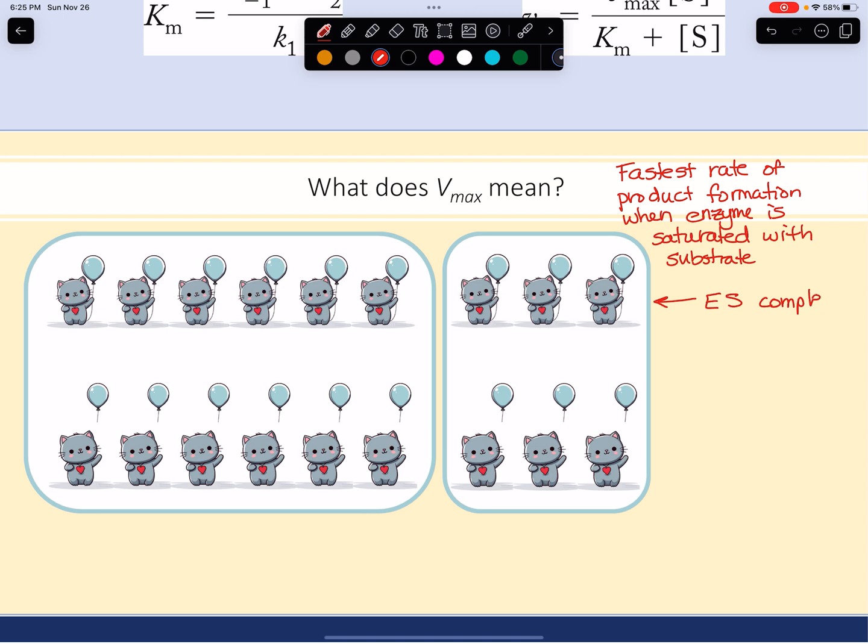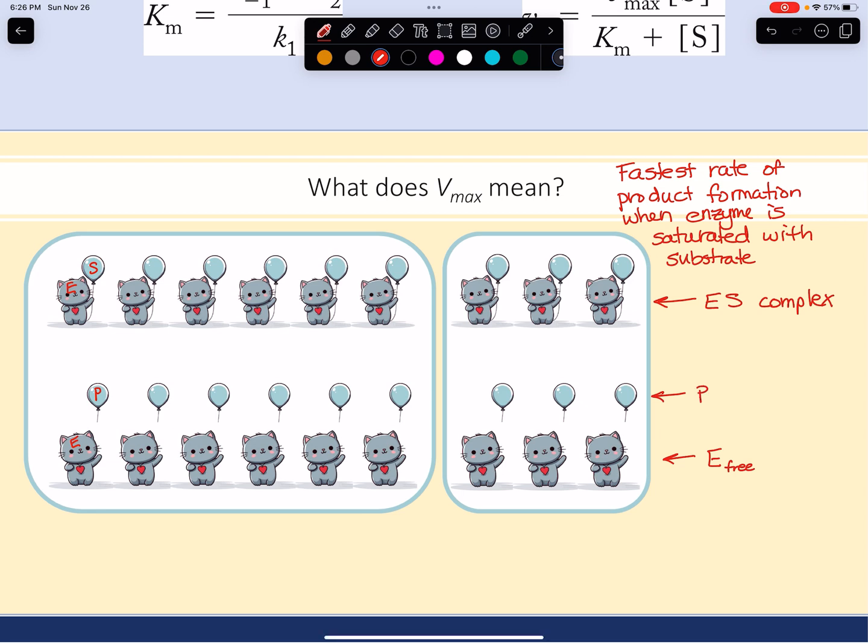The balloon with its full tail is the substrate, and the cat is the enzyme. The product is the released balloon that is, if you'll notice, missing part of its tail. So this is the free enzyme, and this is the product.